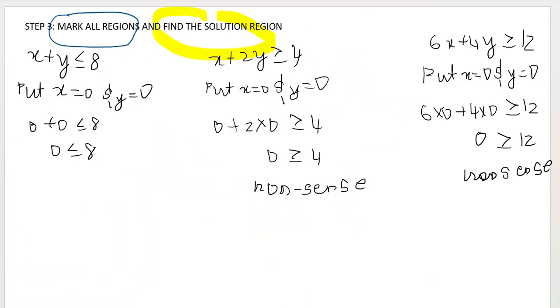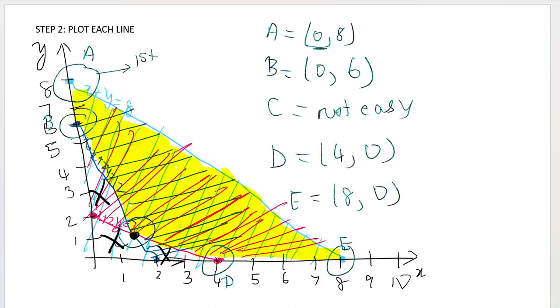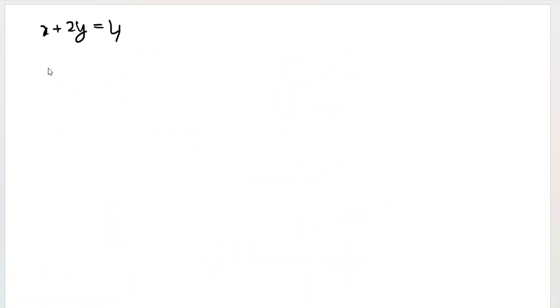What we do is we solve x plus 2y equal to 4, the equation of the pink line, and this is done only because the point C is the point of intersection of the pink line and the dark blue line, and the equation of the dark blue line is 6x plus 4y equal to 12.